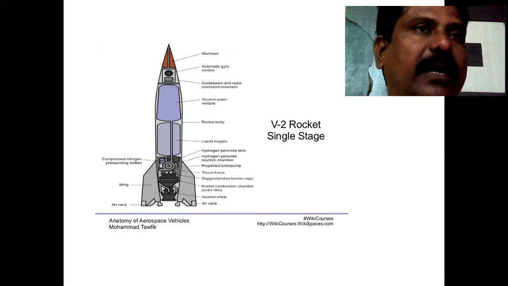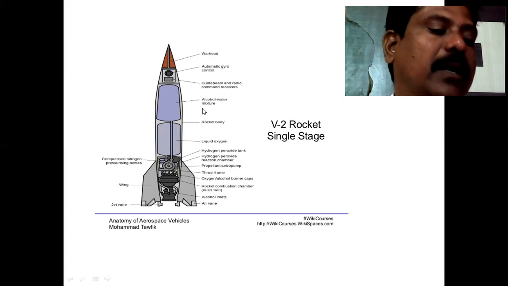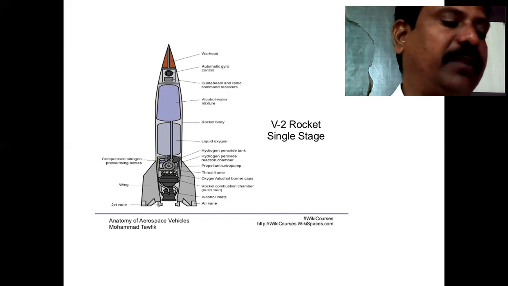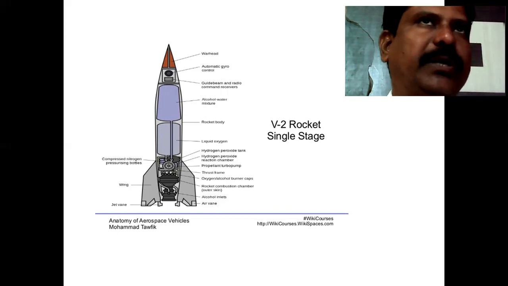Capital V is the velocity of the rocket at any instant t with respect to the ground, in the laboratory frame.